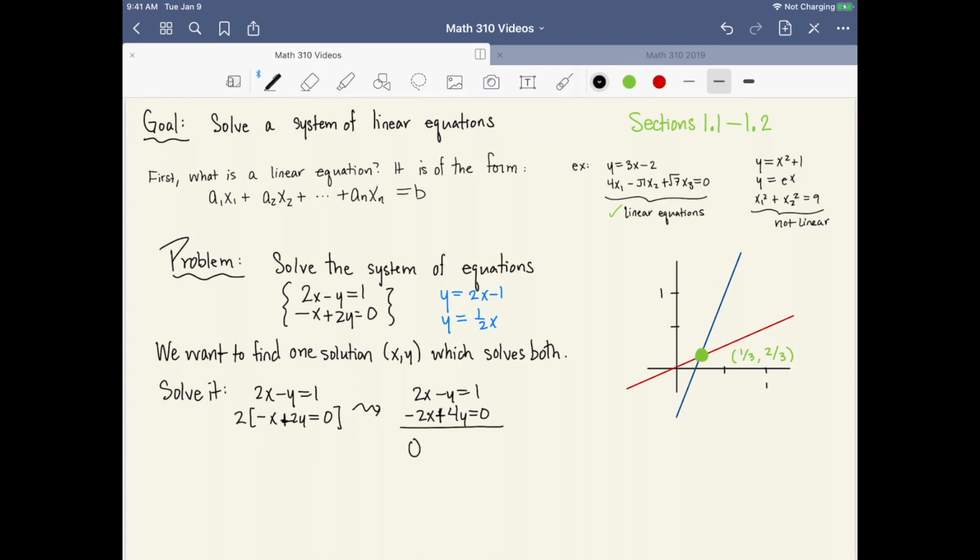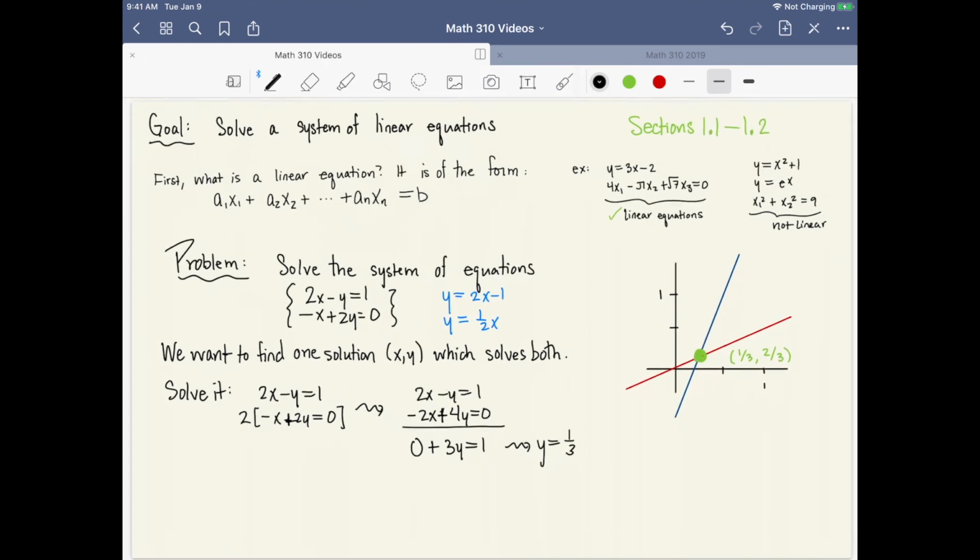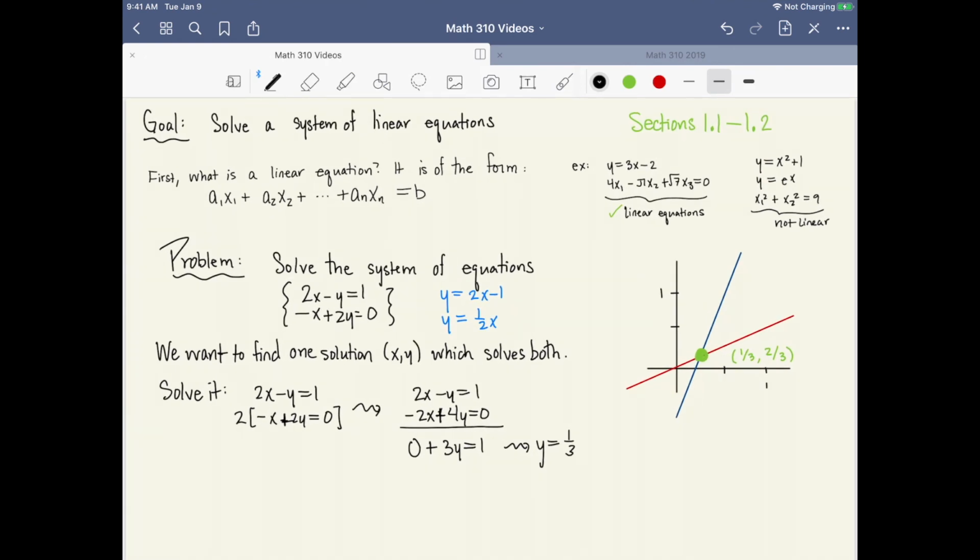This will give you 0 plus 3y equals 1. And from here, we can see that y should be equal to 1/3. Then we can get our x value. x is equal to 2y if we use one of these equations. And that gives us that x is equal to 2/3. Ooh, there's a slight error here.